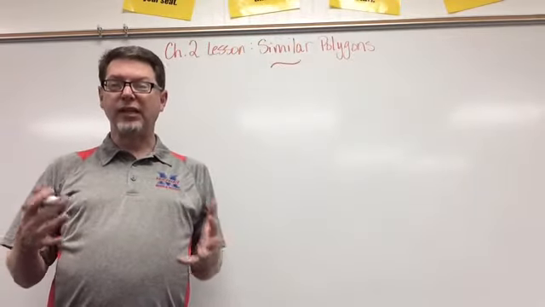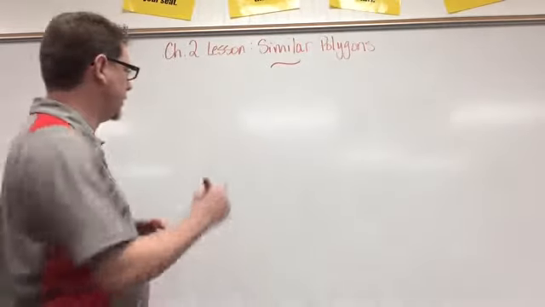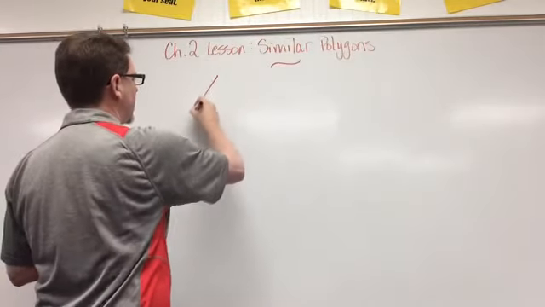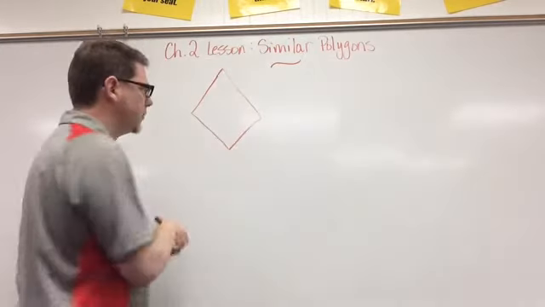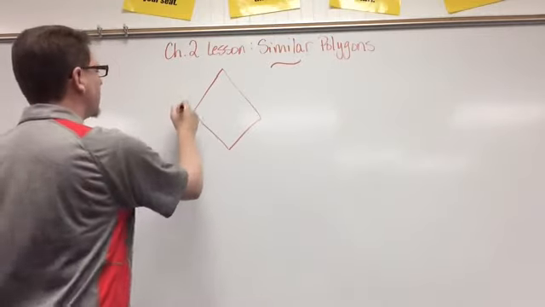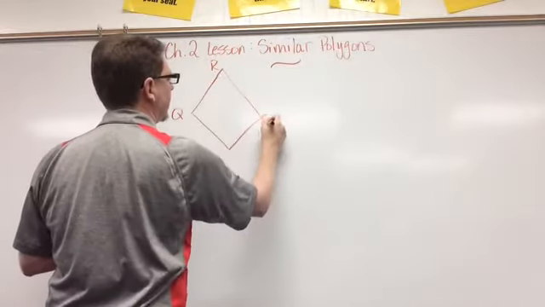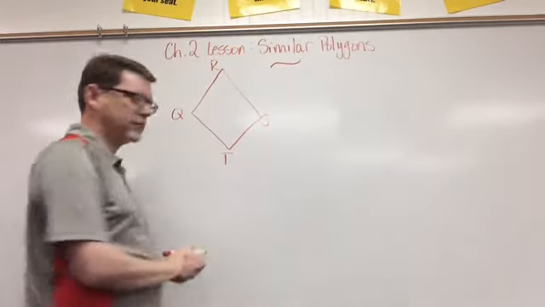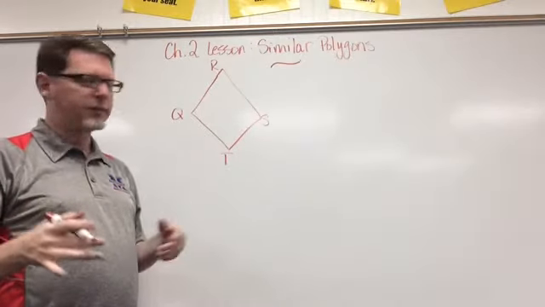Okay, for the next part, let's draw some figures. Draw it with me, doesn't have to be perfect, but draw it with me. We're going to draw a large, what looks like a diamond, okay? Kind of crazy-ish. And we're going to call this Q, R, S, and T. And I'm going to go a little bit slow so we all have time to do this.